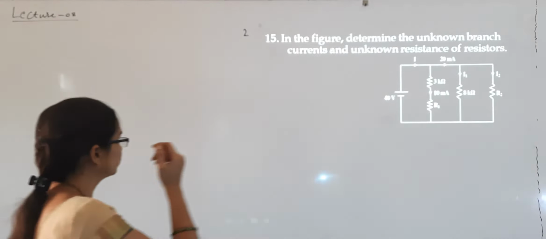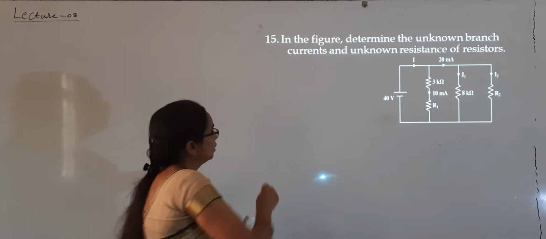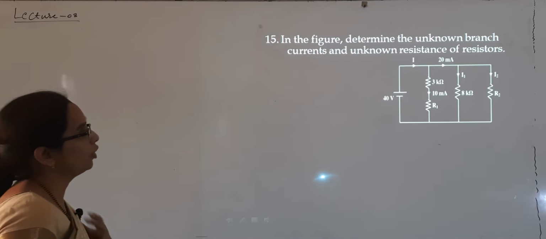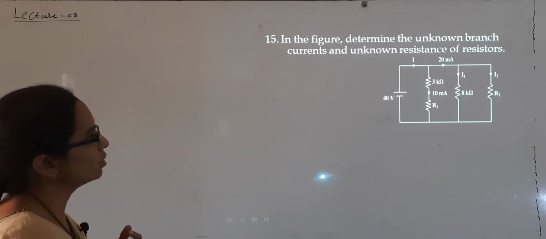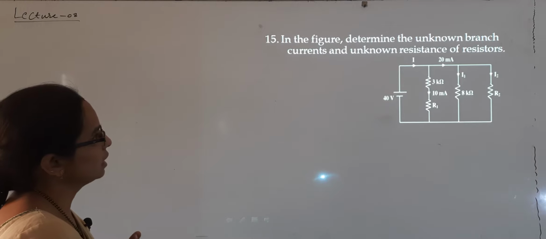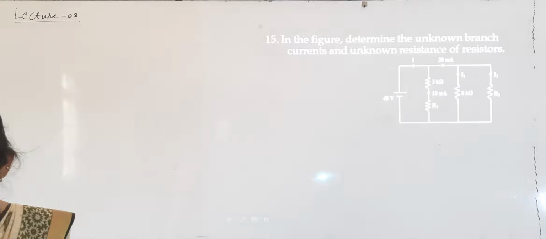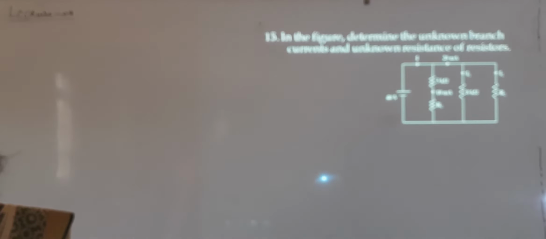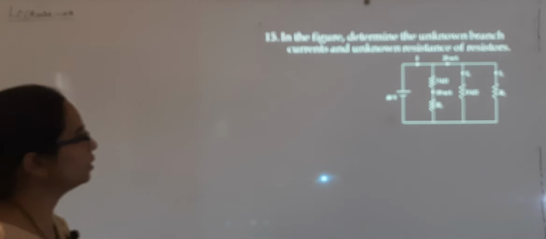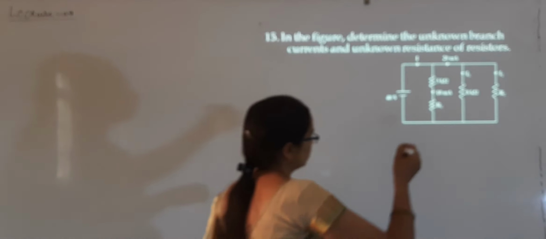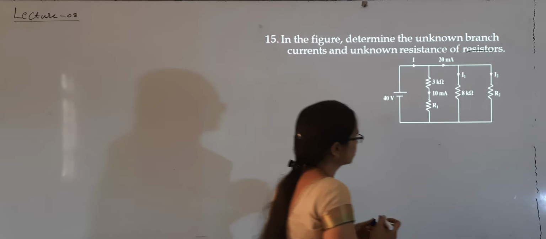Next one is, for the figure, determine the unknown branch currents and unknown resistance of the circuit.